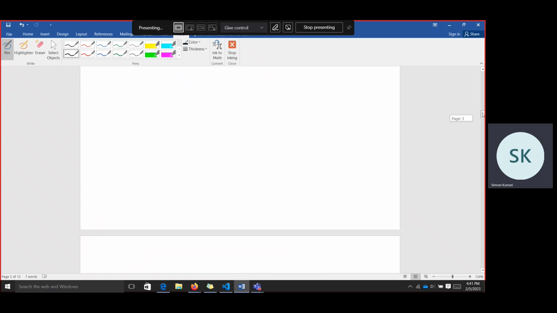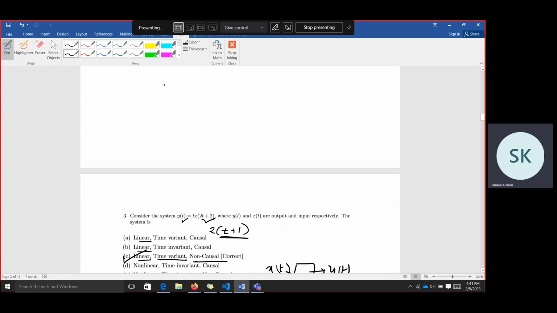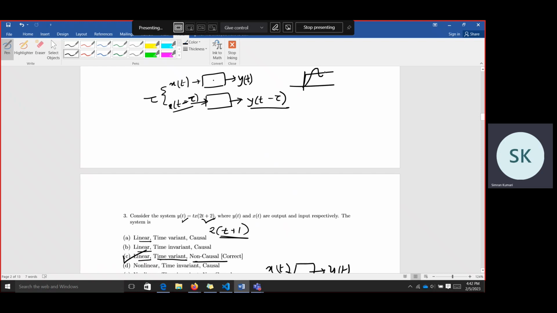For time invariance, if there is an input x(t) to the system and we are getting output y(t), then to the same system, if we apply input after some time, suppose x(t minus tau), this is how the delayed version of input is represented, then the output will be the same, but since we are applying after some time tau, the time difference between applications, it will have this type of mathematical representation. So this is the input and this is the output.